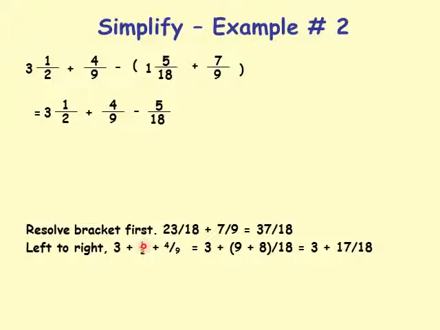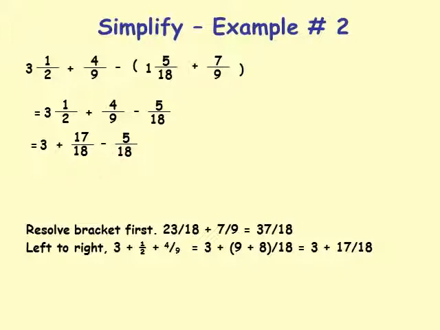I can also do that crosswise: 1 times 9 is 9 and 4 times 2 is 8, crosswise in the numerator, and in the denominator it's horizontally 2 times 9. So we have 3 plus 17 over 18 minus 5 over 18.